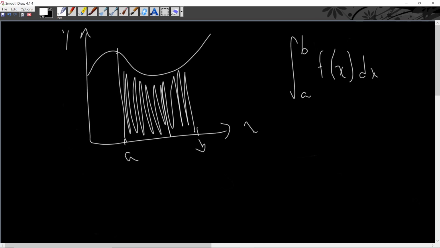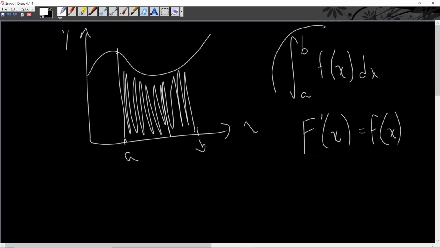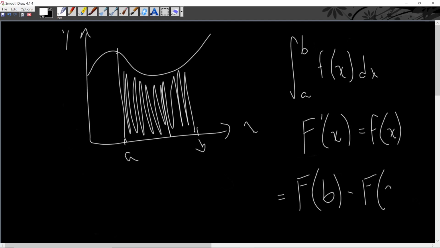And we said that F prime of x is equal to f of x, right? Big F of x is supposed to be the antiderivative of f of x. But now we need to see how to get this. That means we're going to have to do big F of b minus big F of a.